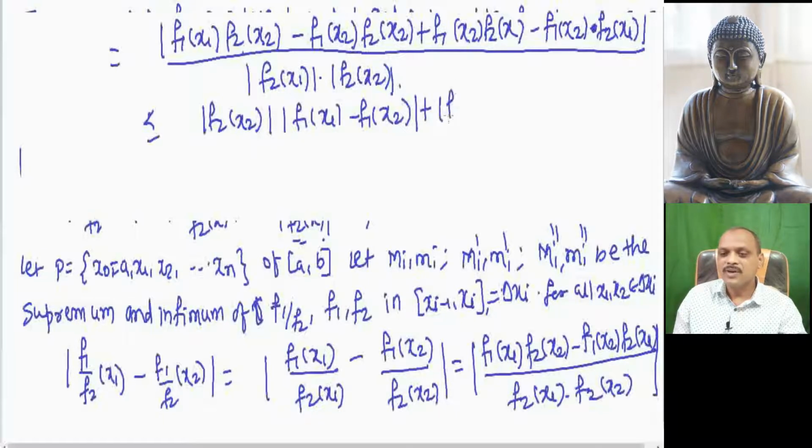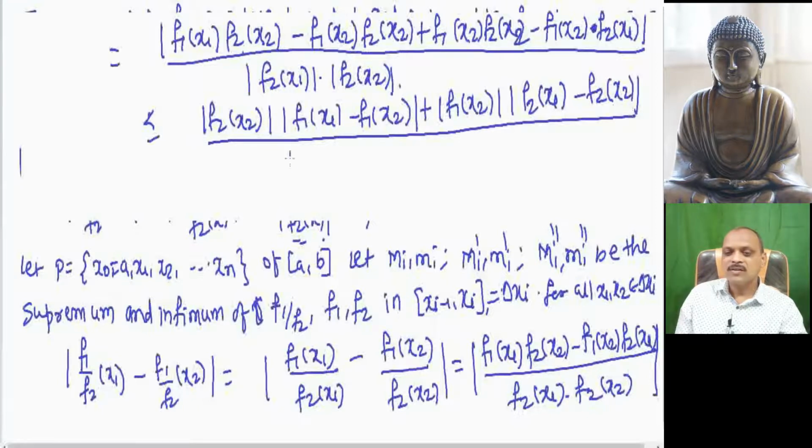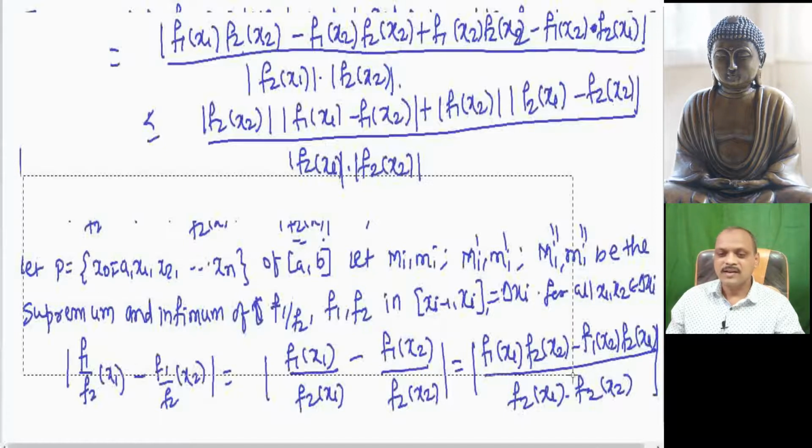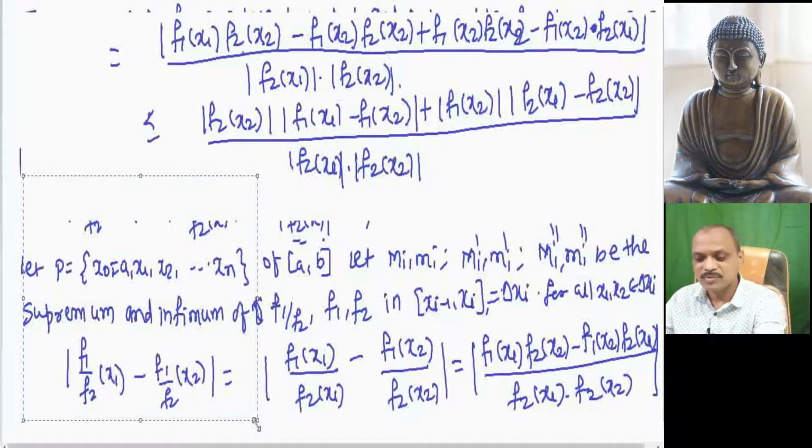Mod of f1 x2 mod of here f2 x2 f2 x1 minus f2 x2, right? So this is mod of f2 x1 into f2 x2, right? Then here you can see that we apply the bounds of this.